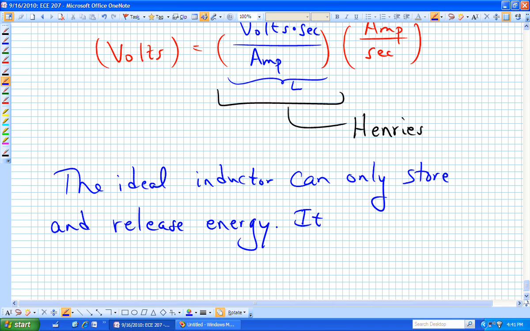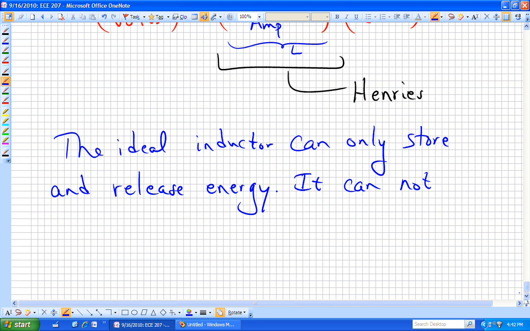It's not going to absorb energy like our resistors do. Those are resistances, and those are where we have our heat loss in our circuit, or this energy loss. But these inductors and capacitors just store and release, store and release. It cannot absorb energy. That's the ideal inductor.